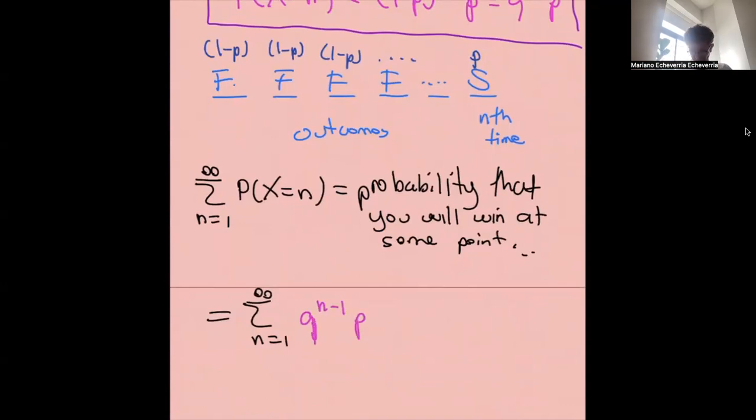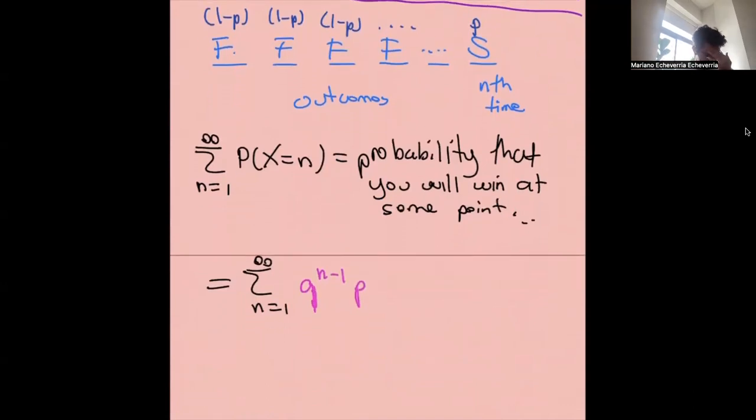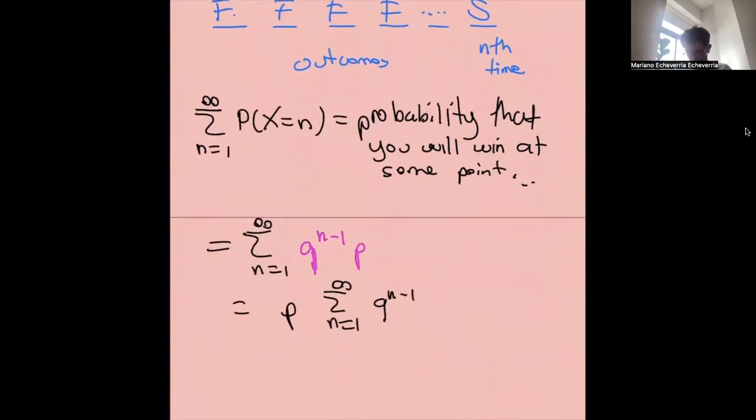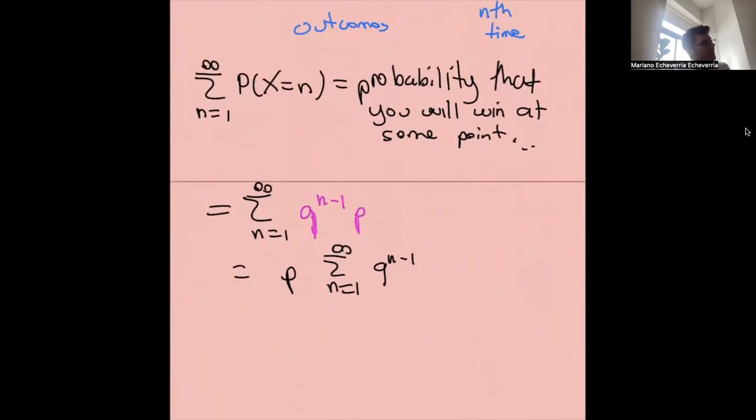You get this, and this is p times the sum, n equals 1 to infinity, of q to the n minus 1. Okay, and now does anyone remember what sort of series this is? Just a geometric series. Correct. And what's the value for this series?